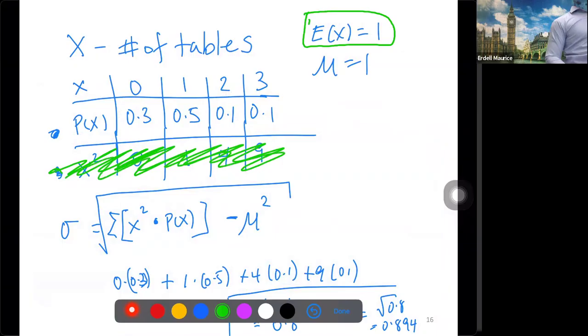This is a regular table. Note that I changed the probabilities. It's different from the question we just did. Go ahead and find the expected value. Use the formula we just learned. That's always your first step when you're finding the standard deviation: you need the mean first.